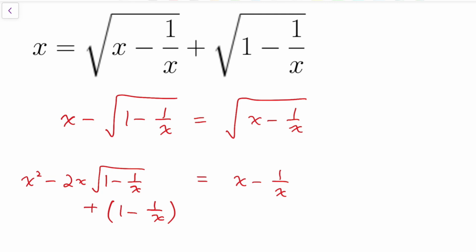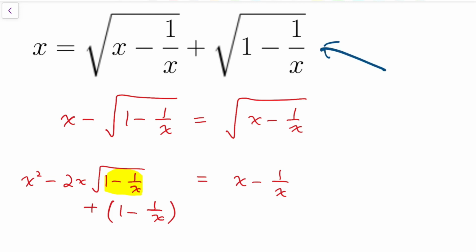The reason that I move one of the surds to the other side rather than just squaring both sides from the first step is that the resulting expression will always have a simpler surd. As you can see, if I moved the square root of 1 minus 1 over x to the left, after squaring, the thing inside the radical sign will be just 1 minus 1 over x.